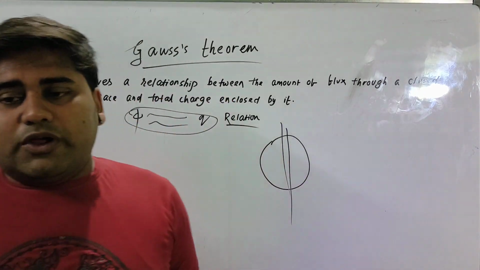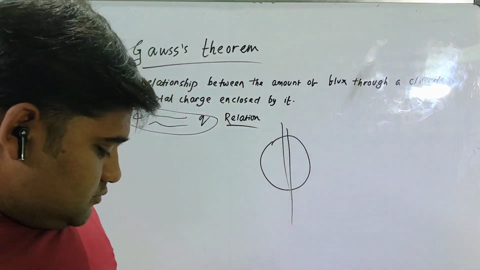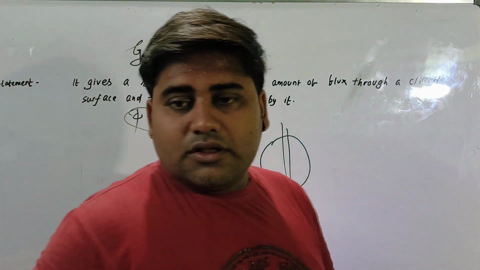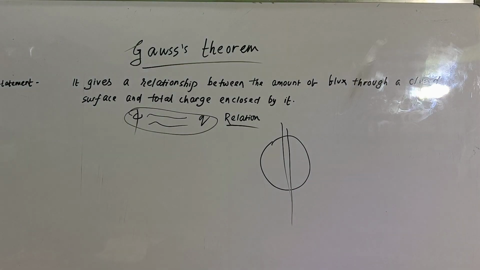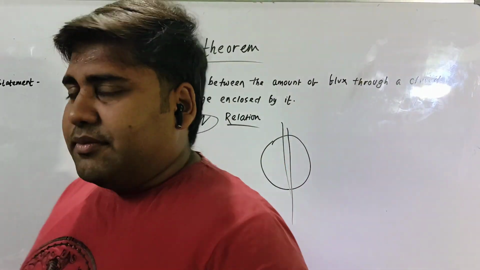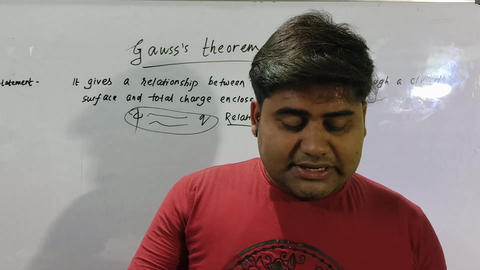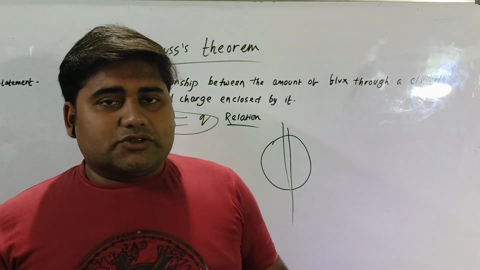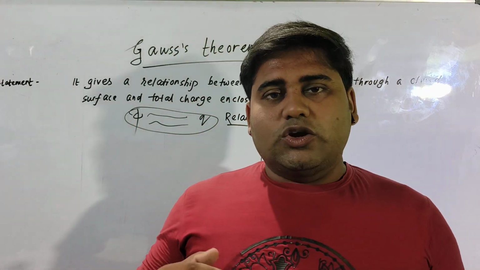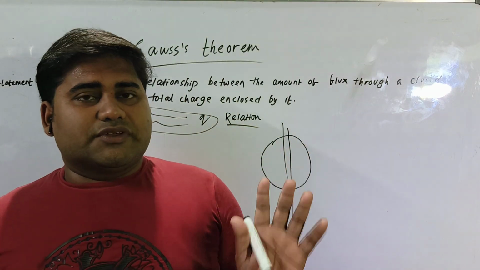Let me show you something. You can imagine a cricket ball, because you have seen it very frequently. It is a closed surface. There is no discontinuity in it. A complete spherical surface.